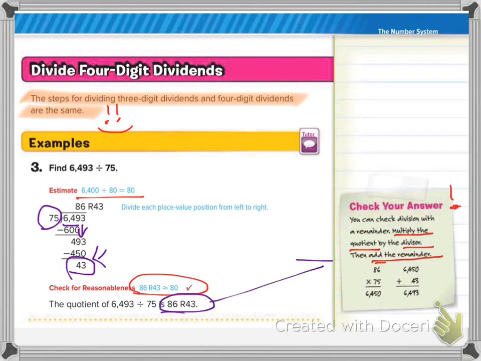Now you can check your answer to any multiplication or division problem. So when you're checking a division problem, you're taking your answer, which is your quotient, times your divisor. So 75 times 86, just like they did right here.